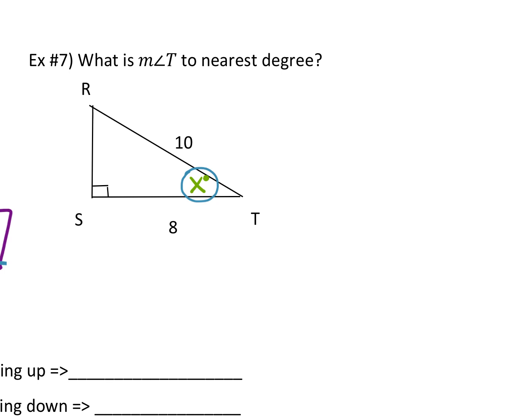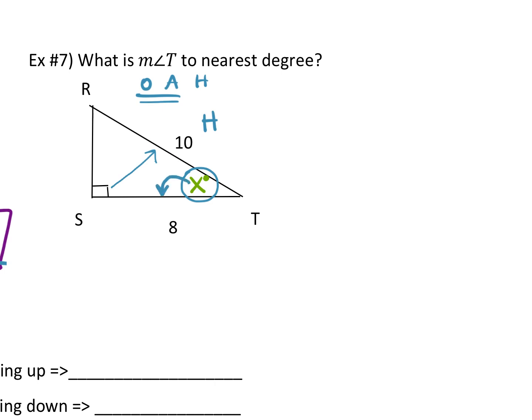From this X, what would we call the 10? Is that your opposite, your adjacent, or your hypotenuse? The H one. Good job. Okay, so that's your hypotenuse. From X, then, we have opposite and adjacent left.